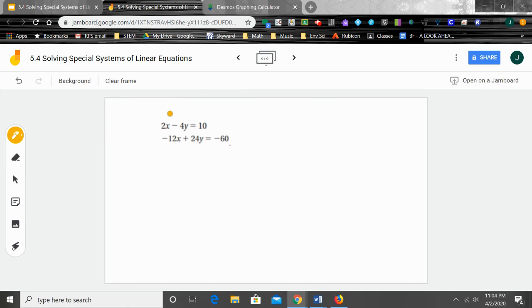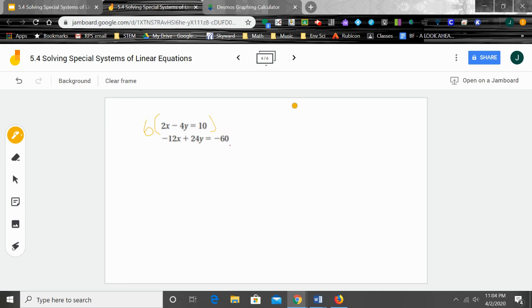Now let's come to this one. Again, I don't really want to do this one by substitution. Let's just do elimination. It's a lot easier. Let's multiply to get a common coefficient. We multiply this by 6, because we'll get these both to be 12.